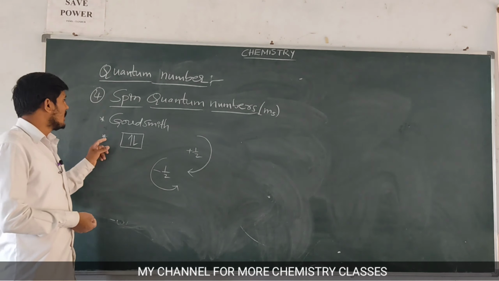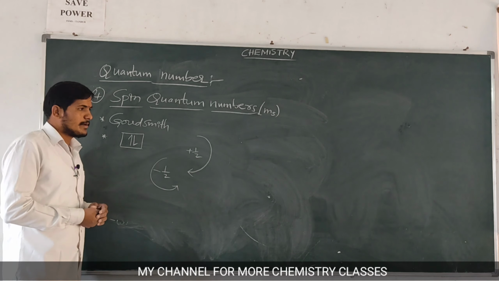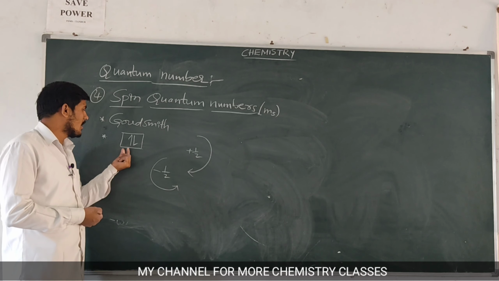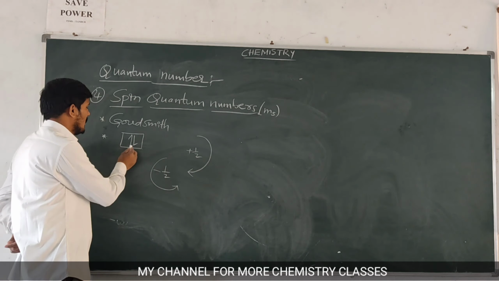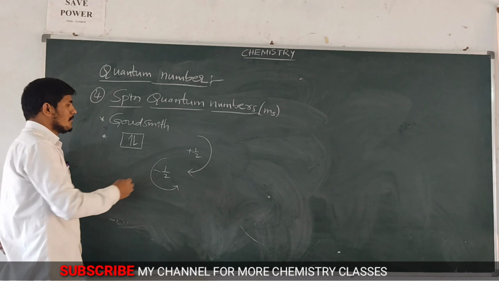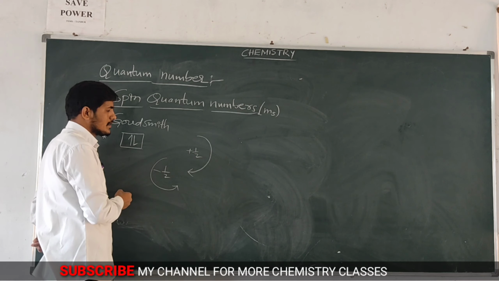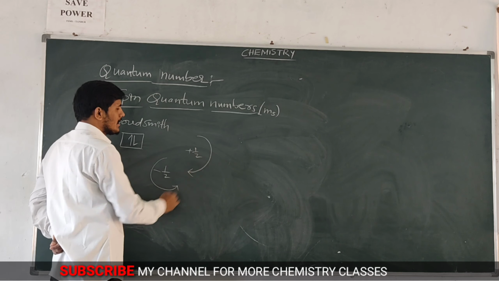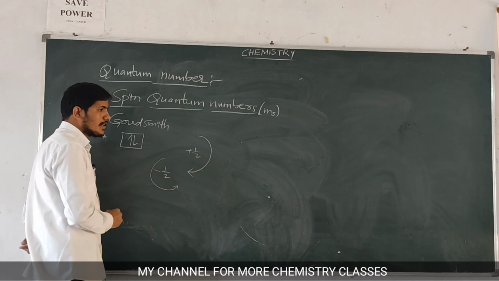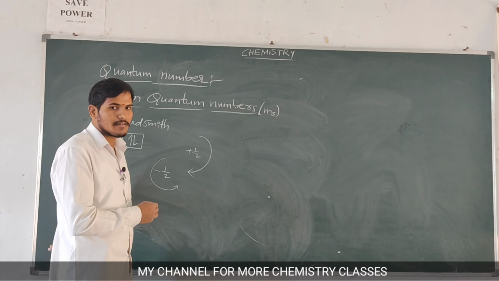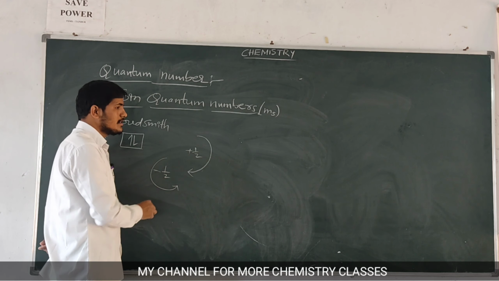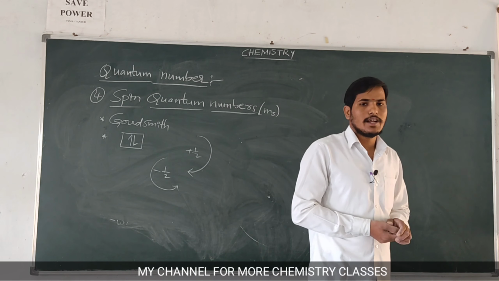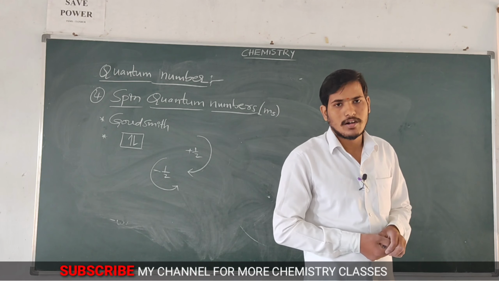According to this quantum number, every orbital accommodates only 2 electrons, and when 2 electrons are present they must be opposite in direction. Clockwise is taken as positive and anti-clockwise as negative. By using these four quantum numbers, we can find out where the electrons are present in an atom.